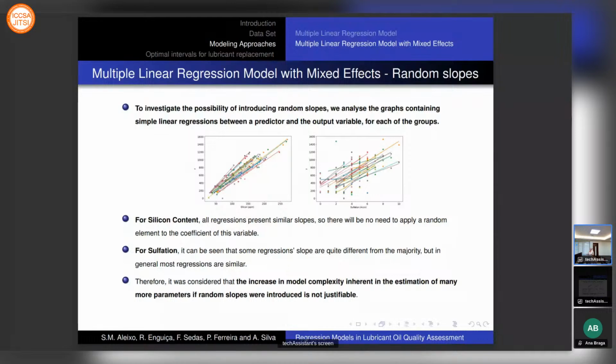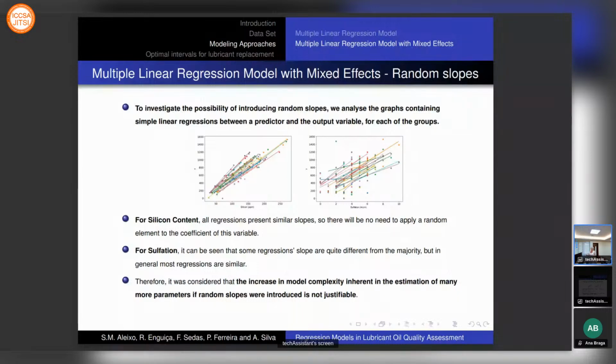To investigate the possibility of introducing random slopes, we analyze the graphs containing the simple linear regression between a predictor and the output variable. For the silicon content on the left, we can see that the regressions present similar slopes, so we don't need to apply a random element to the coefficient of this variable.